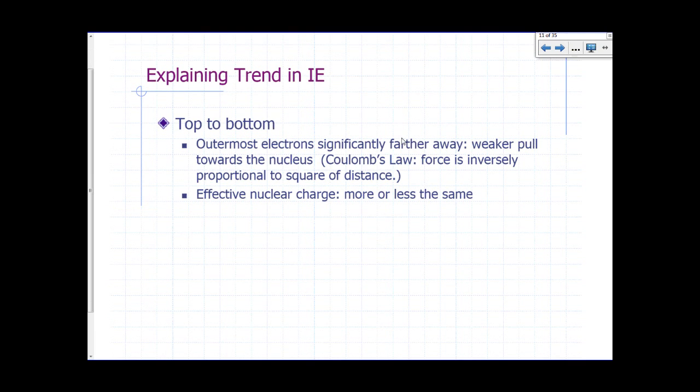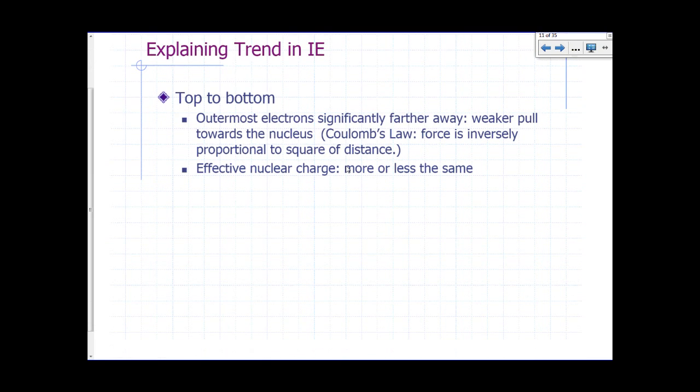How do we explain the trend going from top to bottom? The explanation is pretty simple. As you go from top to bottom, your outermost electrons will be much farther away as you go down a group. So the pull towards the nucleus is going to be much, much weaker. If you remember, Coulomb's law says that the force is inversely proportional to the square of the distance.